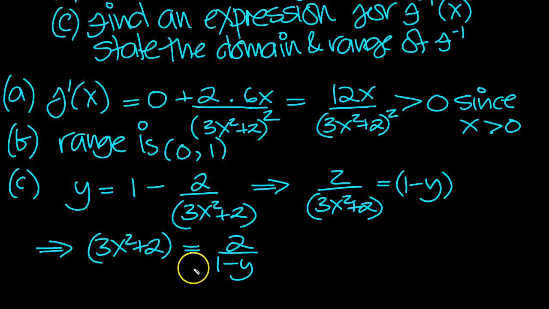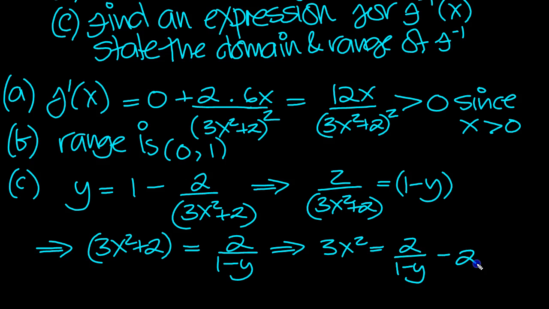We've got that. And then we'll move the 2 across, won't we? So we've got 3x squared equal to 2 over 1 minus y minus 2, and then divide by 3. So that will give us x squared equals 2 over 3.